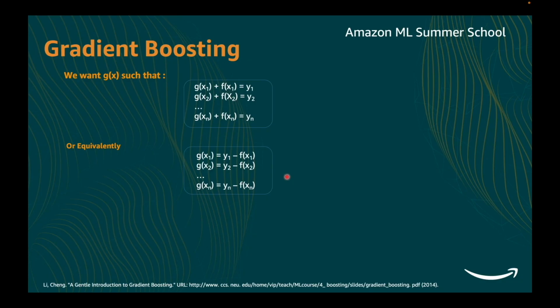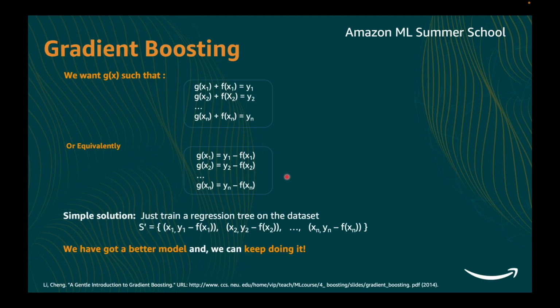So if you look at the example over here, this is what we want. In the ideal case, we want g(x1) to be exactly y1 minus f(x1), right? You want exactly the error in your friend's model to be predicted correctly by g, and then g(x) plus f(x) will give you the correct answer. So that's exactly what you have to do.